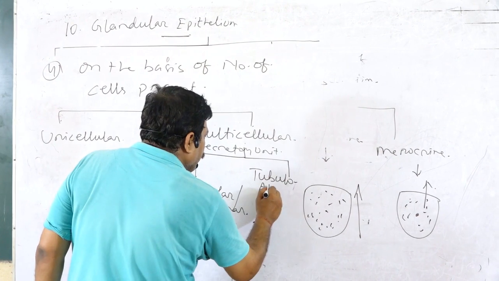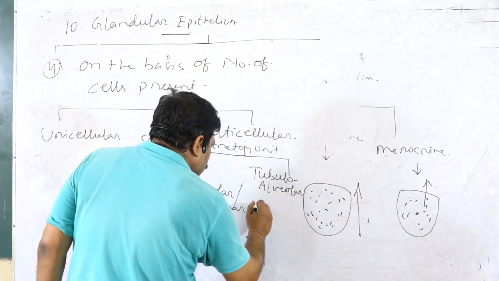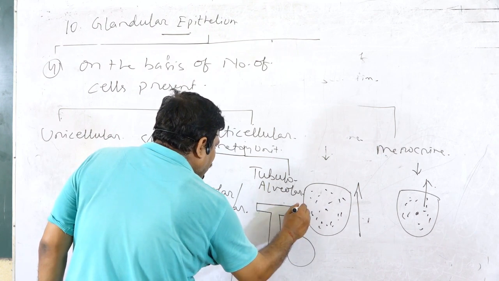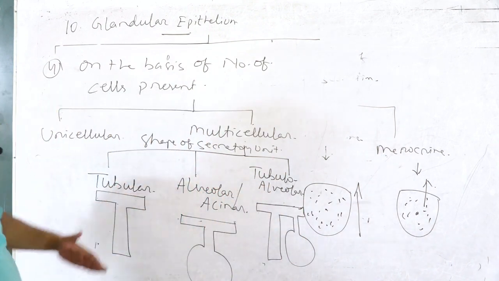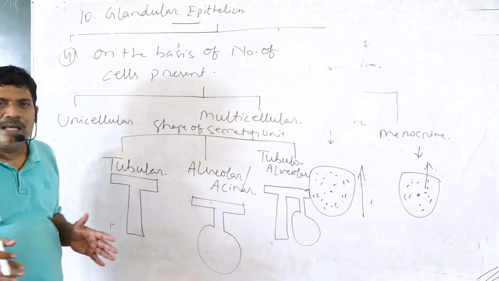Tubulo-alveolar means tube-like, also flask-like. So, this is all about your glandular epithelium.